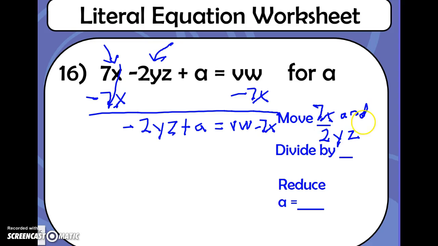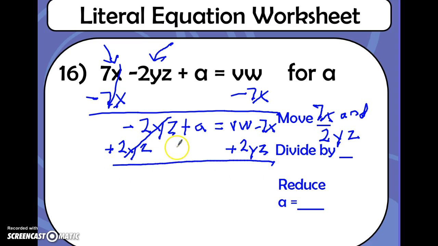We're still moving things. We have the 2yz to get rid of, so we're going to put plus 2yz on the left and get rid of it, and plus 2yz on the right. On the left, we rewrite our equation again.